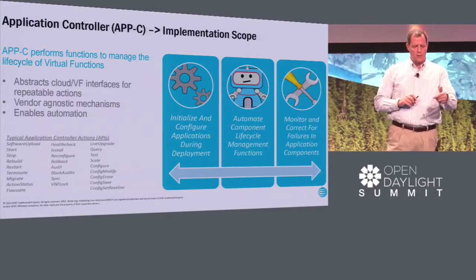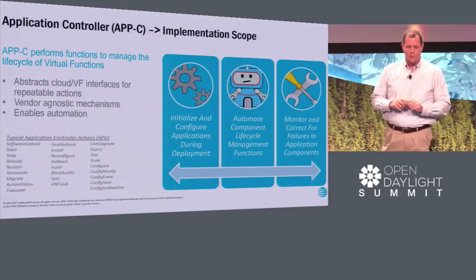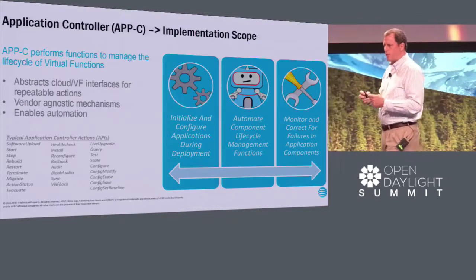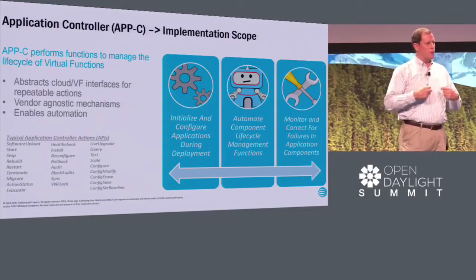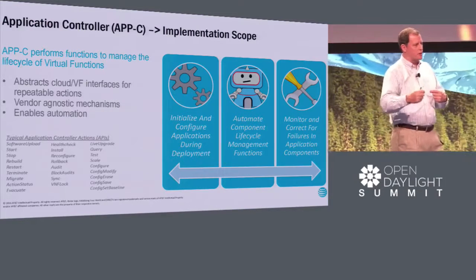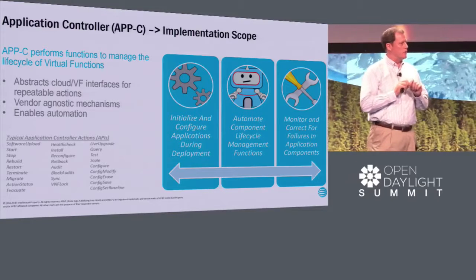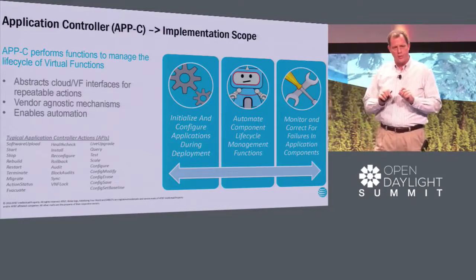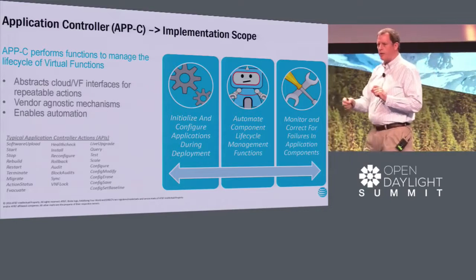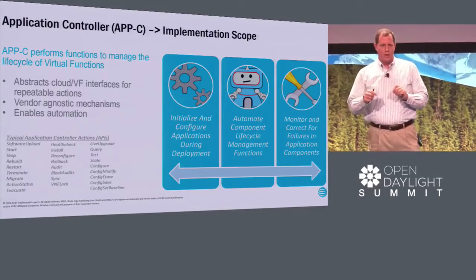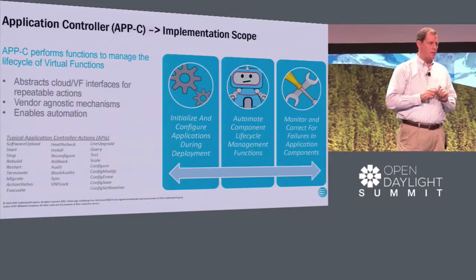Right? We need to be able to configure, test, scale, start, stop, rebuild, restart every VNF. And I promise you that AT&T does not make its buying decision based on the code or the API of that particular function that I just went through. So it's to the whole industry's advantage to normalize those. For SDN really to deliver on what we needed to deliver, that is a key function that has to occur.